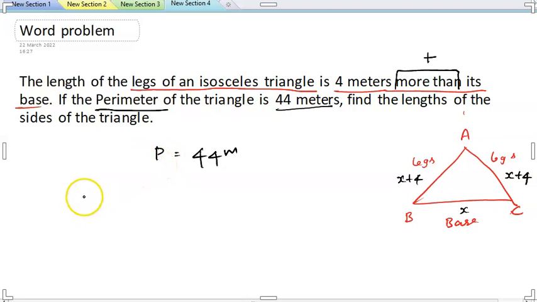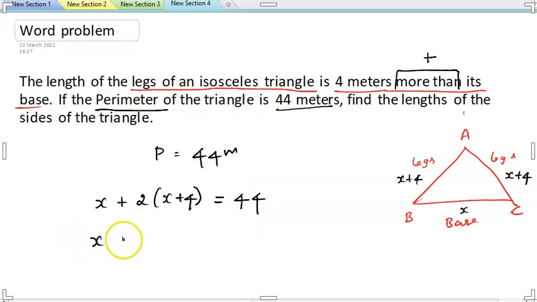It is the length of the sides, right? So we are going to add all the lengths given. So starting from the base, I have x, and as I have two legs, I am going to multiply 2 times x plus 4. As I have two legs, I am going to multiply it by 2, and the perimeter is given as 44 meter.